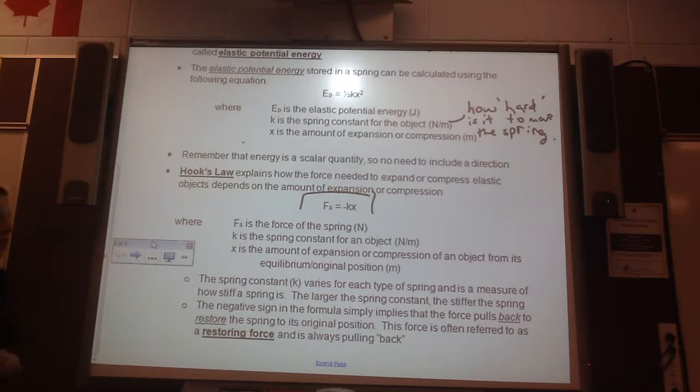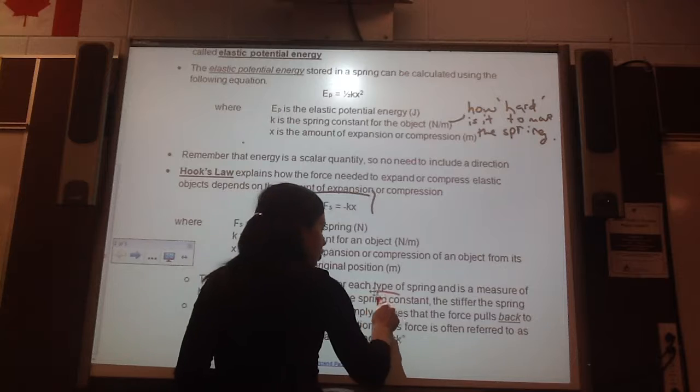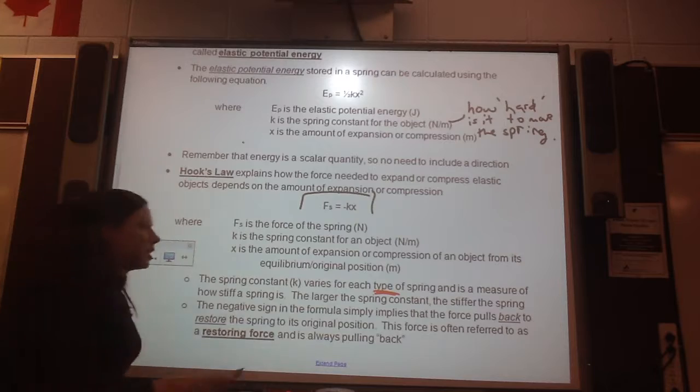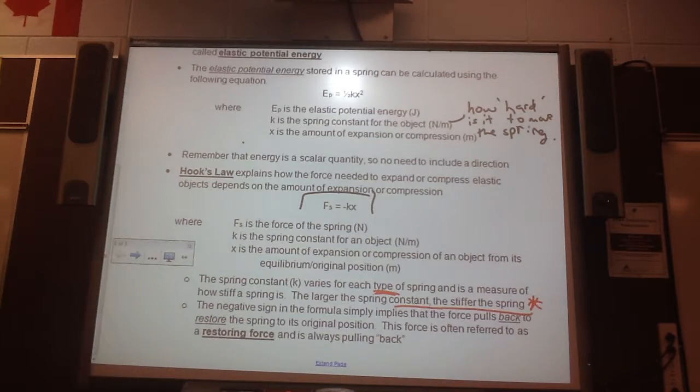So the spring constant k varies for each type of spring, and is a measure of how stiff a spring is, or how hard it is to pull it apart, like I was saying. The larger the spring constant, the stiffer the spring, okay? So just like I was saying, that trampoline spring is going to have a high k, because it's hard to pull apart.